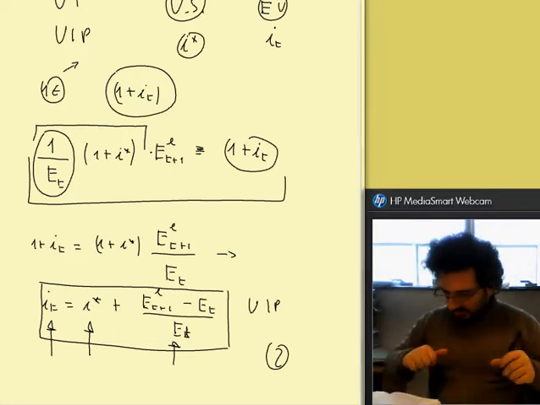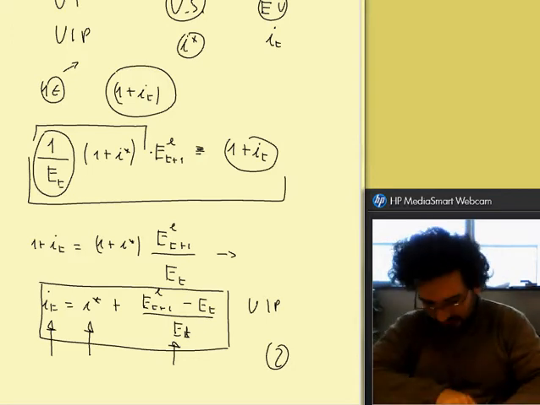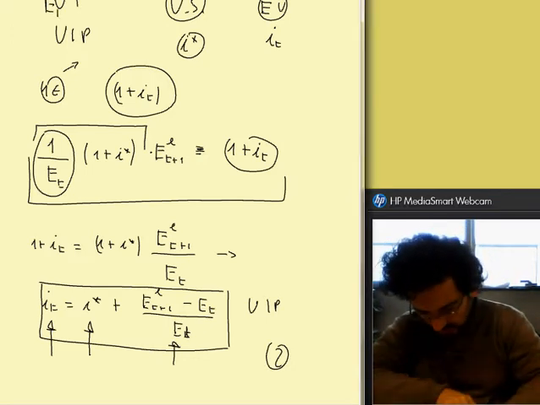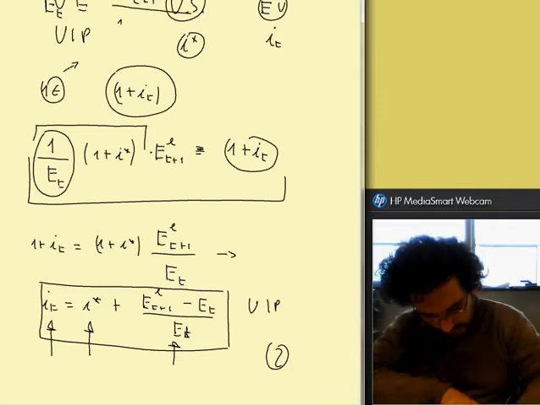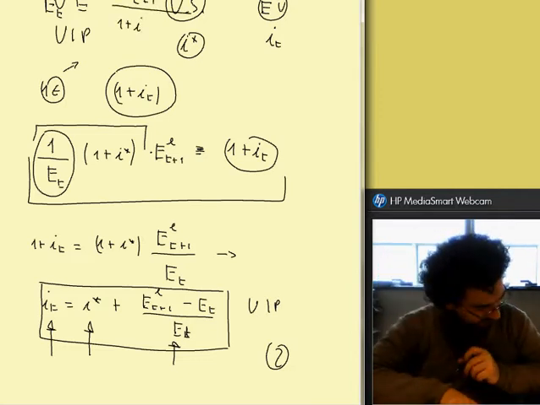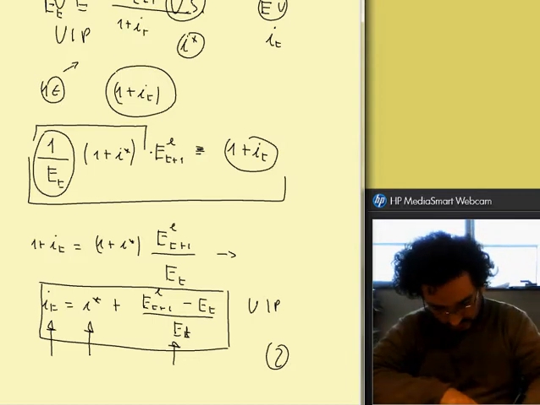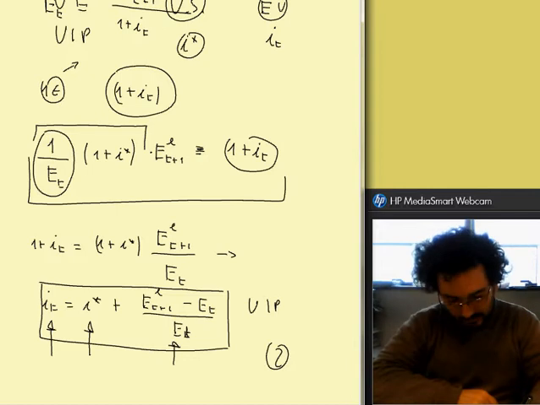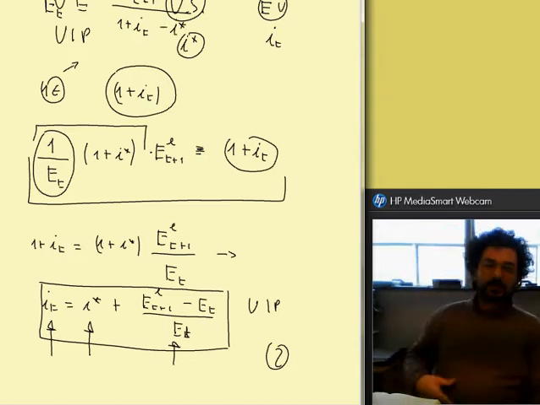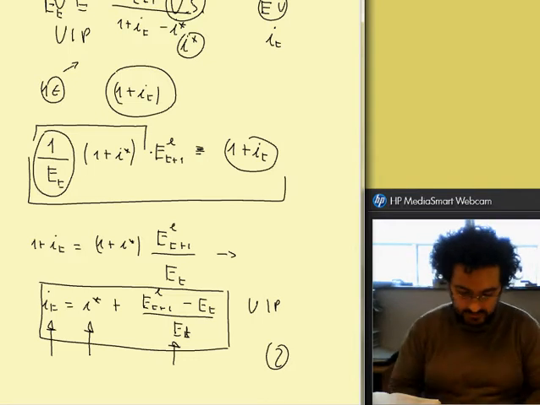Okay, we can write again the uncovered interest parity as the exchange rate at time t equal to the expectation of the exchange rate at time t plus 1 divided by 1 plus the interest rate IT, the internal interest rate or interest rate in the euro area, minus the external interest rate or the interest rate in US.